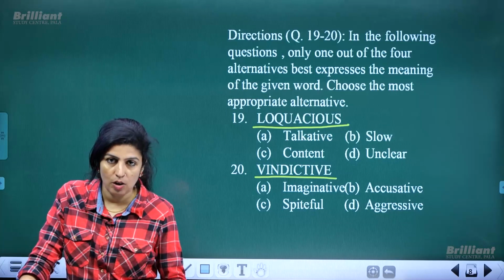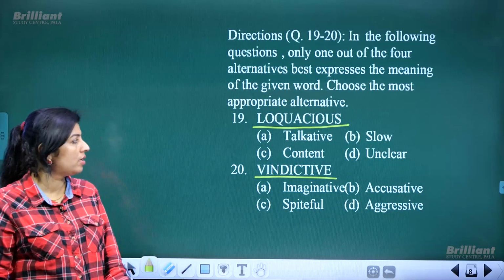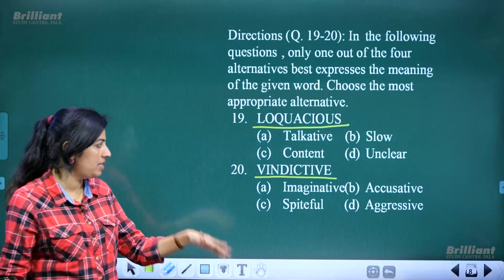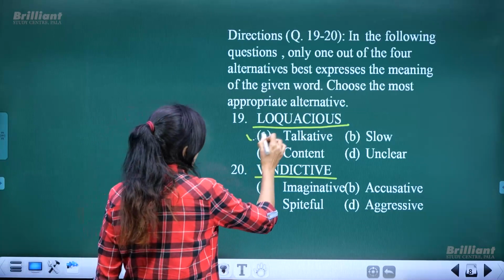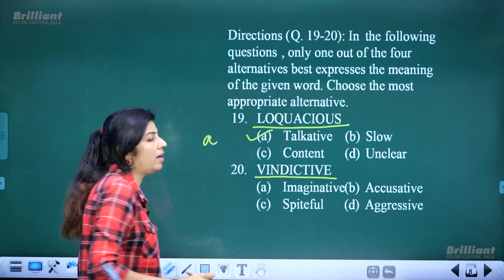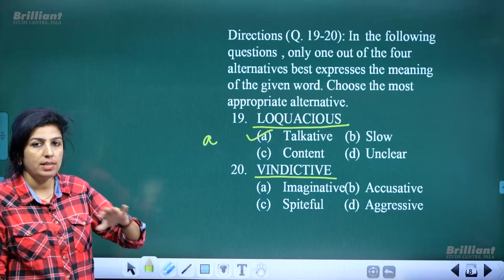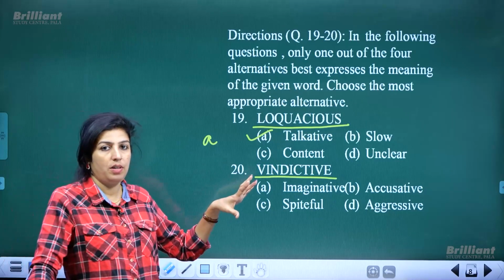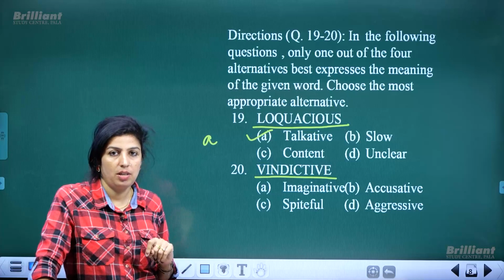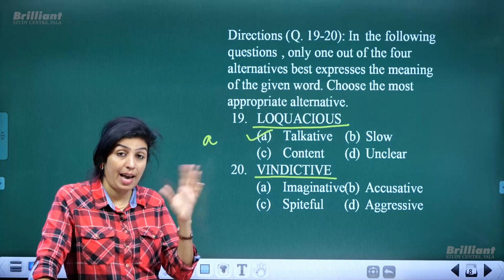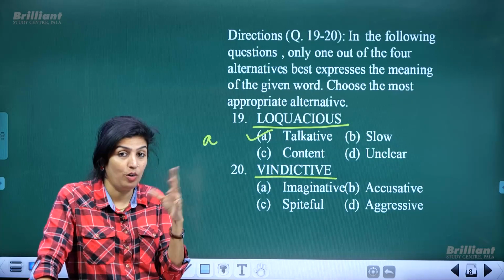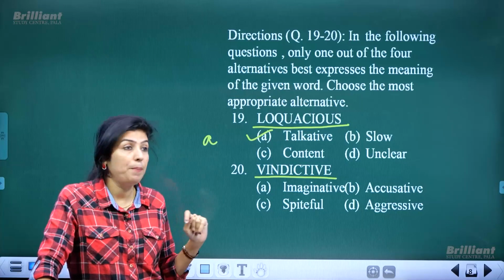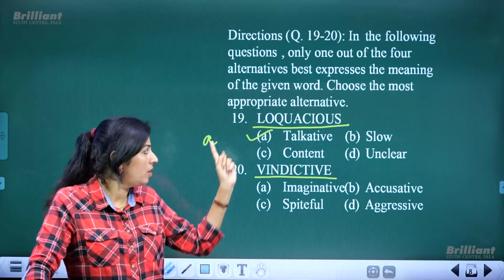When a person talks too much, you can call him or her loquacious. So it's obvious that it will be talkative, option number A. The one who is very talkative, the one who talks much, not gullible but garrulous or voluble, will be talkative or loquacious.